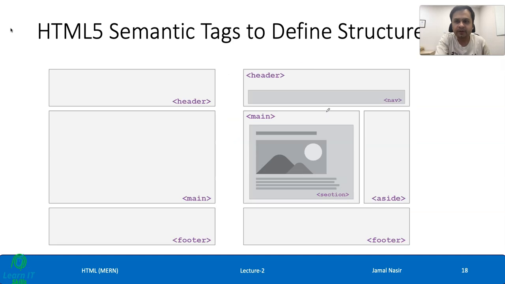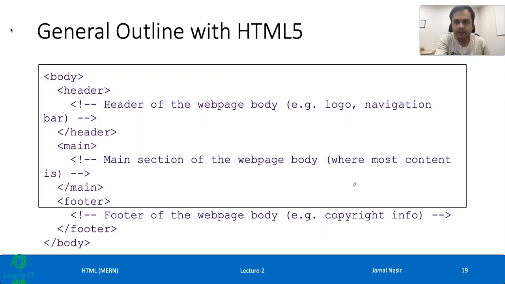So HTML5 has semantic tags to define structure. We have header tag, right? Main tag, footer tag, okay? Similarly, navigation tag, and we can use some other tags, section, okay? So here in the body tag, remember we started with HTML, and in HTML we said we have head and body, right?